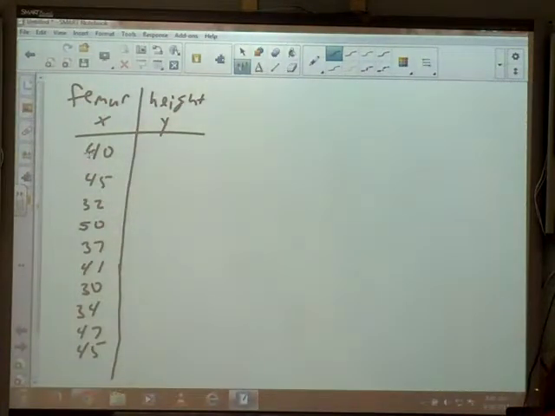Now, on this survey here, a person that had a femur length of 40 was 170 tall.